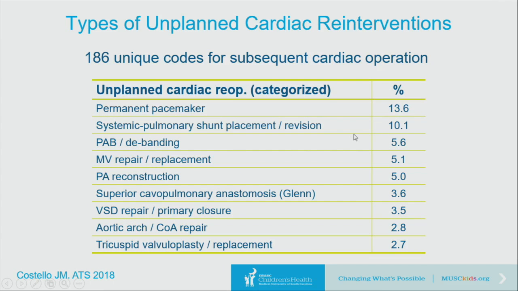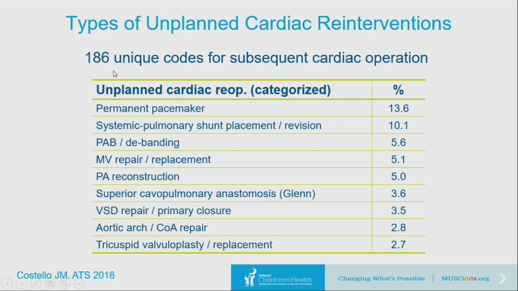As for the types of unplanned reinterventions, the most common was placement of a permanent cardiac pacemaker, but other fairly common reasons included revision or placement of a systemic to pulmonary shunt, either adjustment or takedown of a pulmonary artery band, mitral valve repair or replacement, and pulmonary artery reconstruction. But in the database, there were 186 different codes for the type of unplanned cardiac surgical reinterventions.